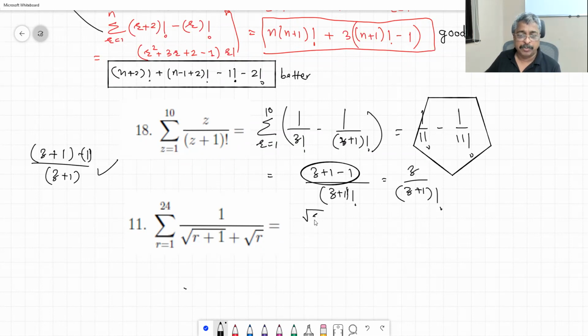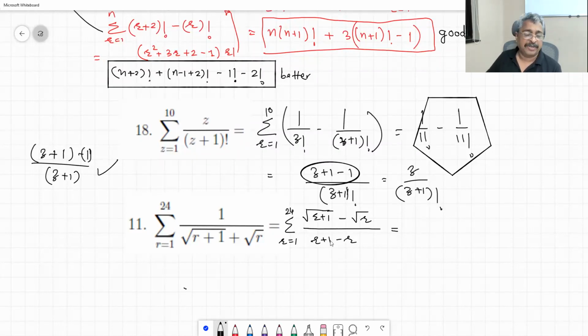You can rationalize by multiplying with radical r plus 1 minus radical r, and if you multiply it in the denominator, you get r plus 1 minus r, which is equal to 1, and hence you have a telescopic setup, r is equal to 1 to 24.